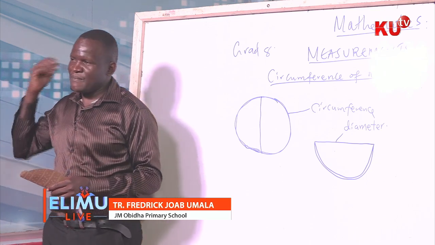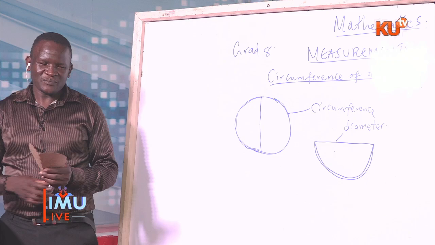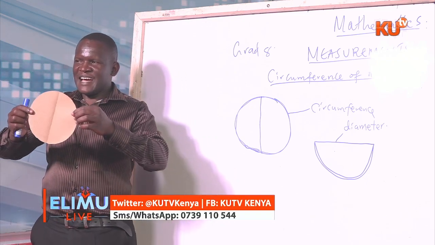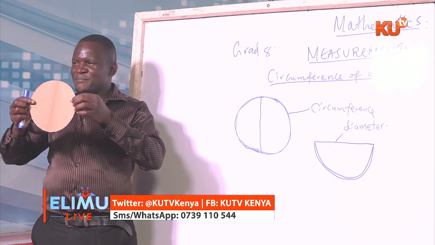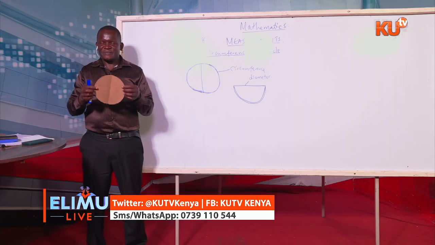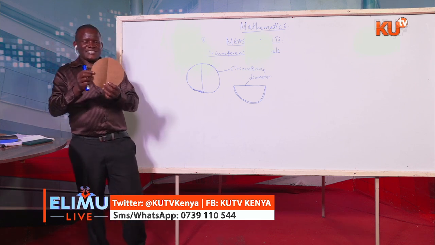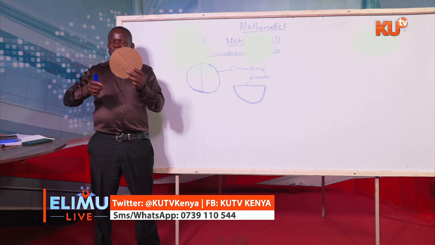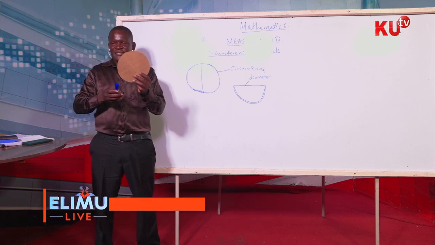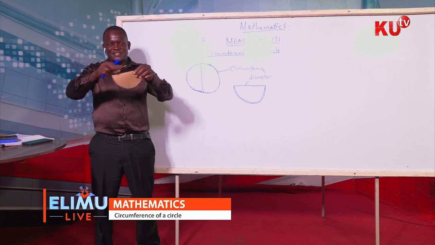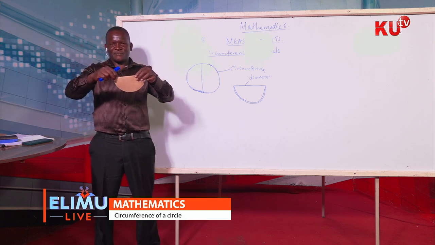Let me repeat. I have a circular paper with me that I'm using as my teaching aid. When I fold it into two equal parts, there will be a line that will be passing directly in the middle.